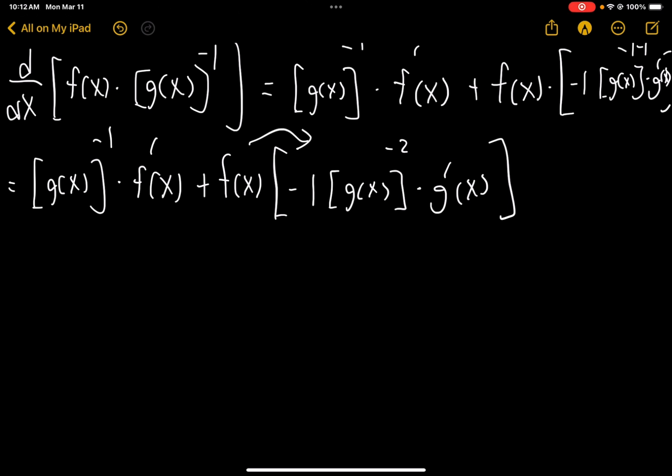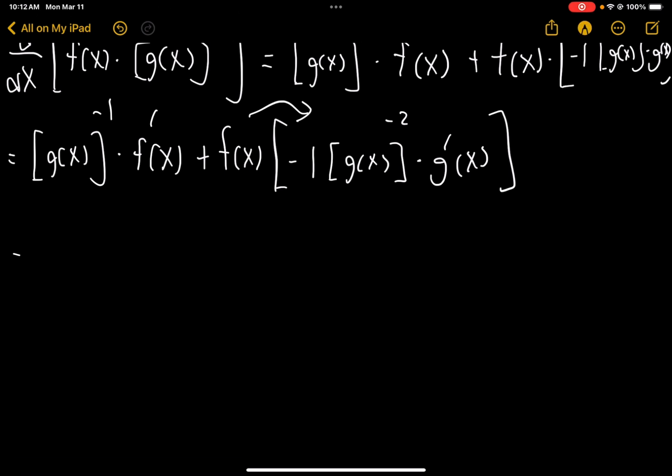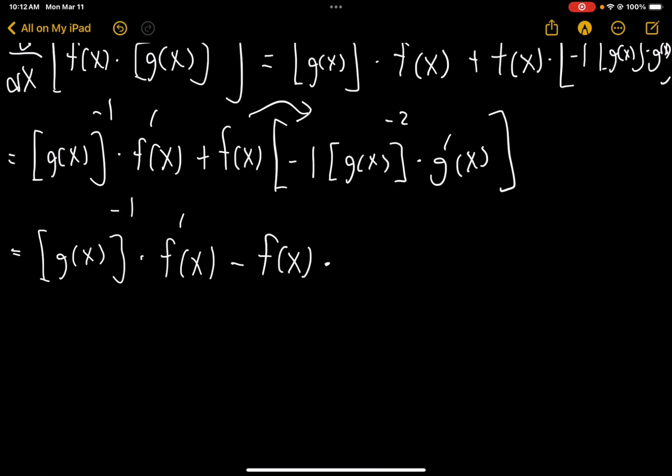And I could distribute the negative here. We have g of x to the negative 1 power times f prime of x, and a minus f of x times g prime of x, and then times g of x to the negative 2 power.